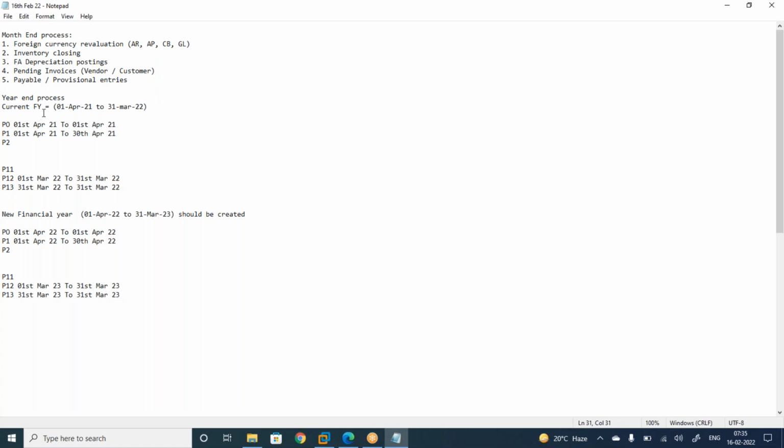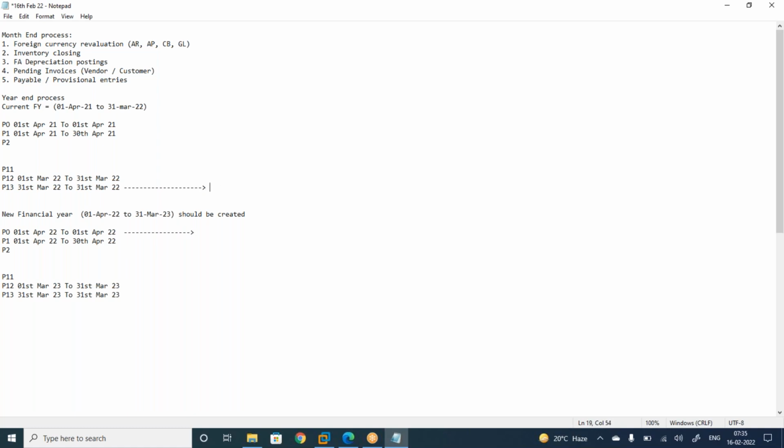Now year-end close, or year-end process, means the closing balances of 31st March 2022 will be transferred to the opening balance for the new year.